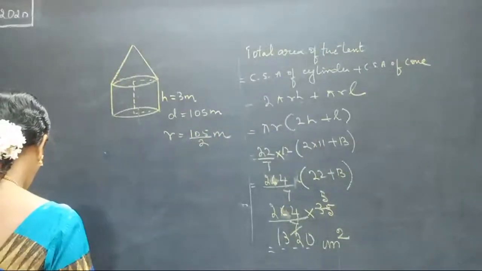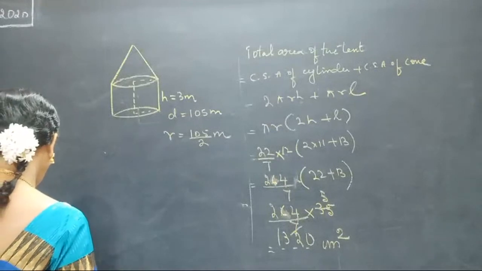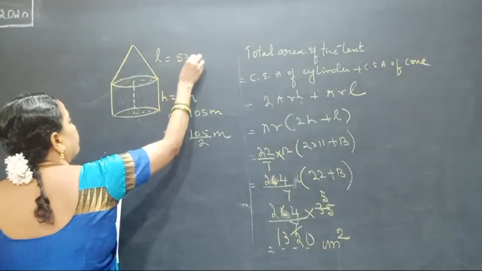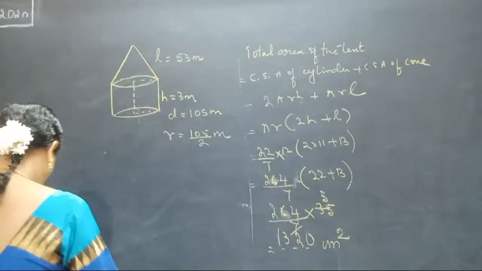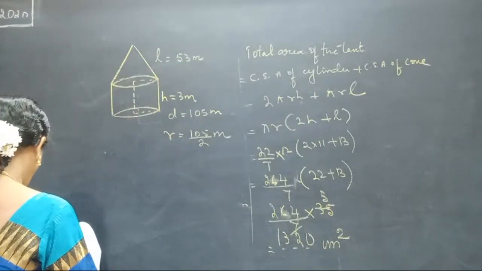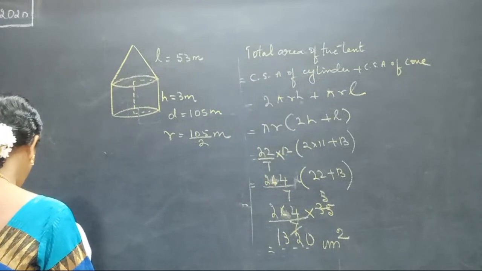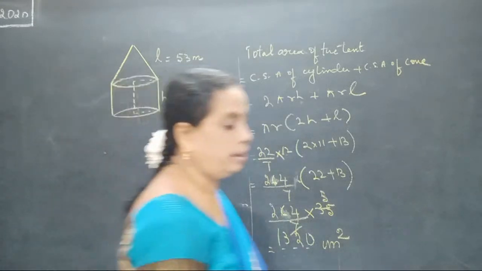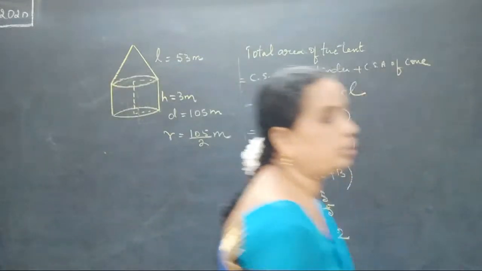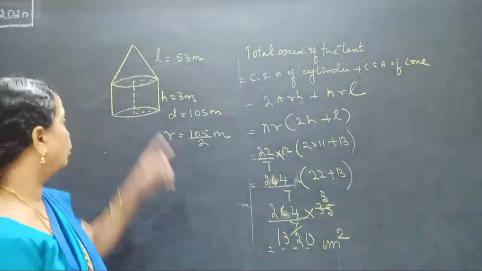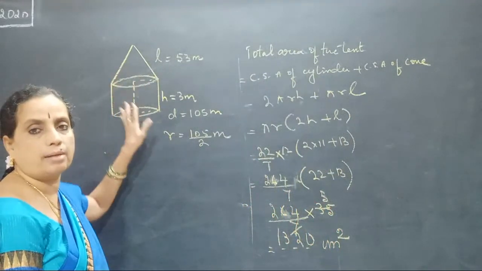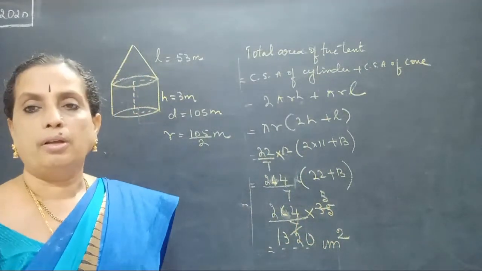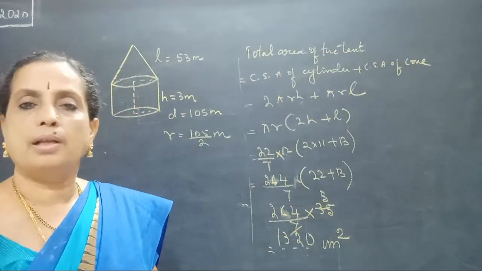Okay. And the slant height of the portion is already given, no need of calculating. It is 53 meter. Calculate length of the canvas 5 meter wide to make the tent. That is, you will get the length of the cloth by calculating the total area of this cone as well as cylinder. Dividing by its width of the cloth, you will get the length of the canvas required.